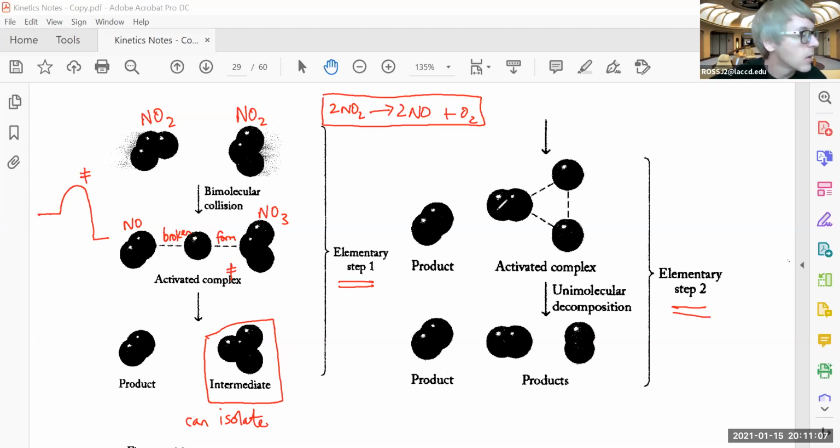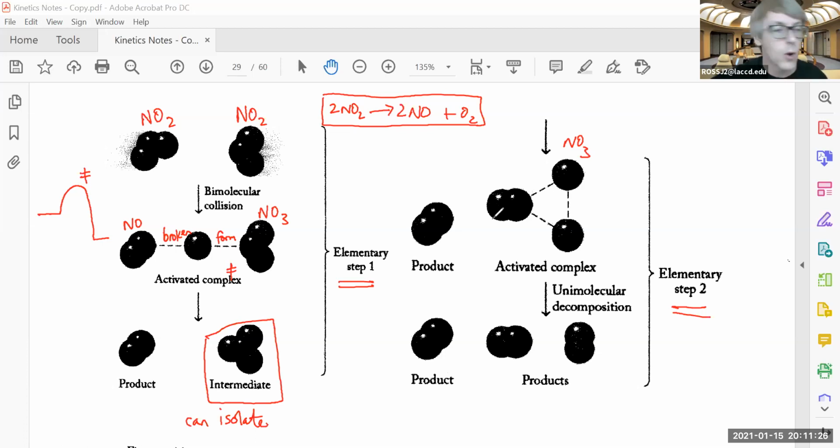let's see, which looks like this guy over here. So this would be NO3, where we've got bonds breaking and forming. That's what these dashed lines represent.